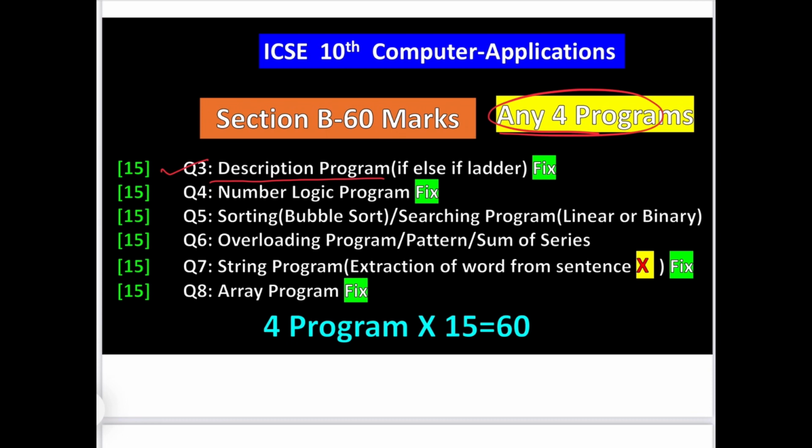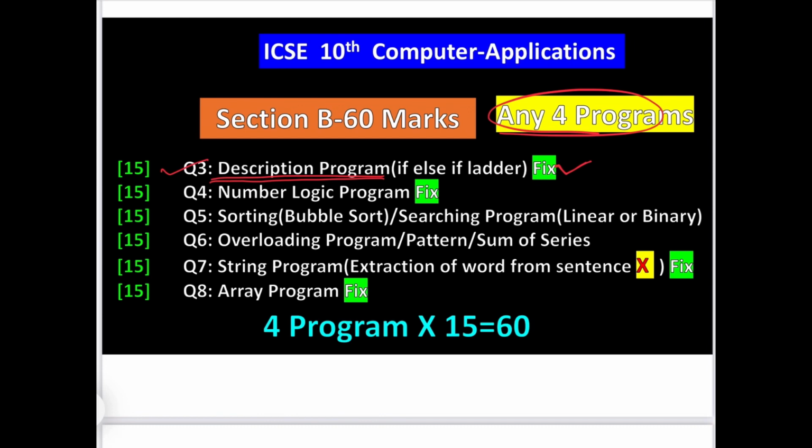For example, if a particular showroom is giving discounts, then based on the purchase amount there are different discounts available. Accordingly you have to solve the question. Such questions are based on description programs, and definitely this is fixed. Every year one question comes on this, and this year there are 100% chances that this question will come.